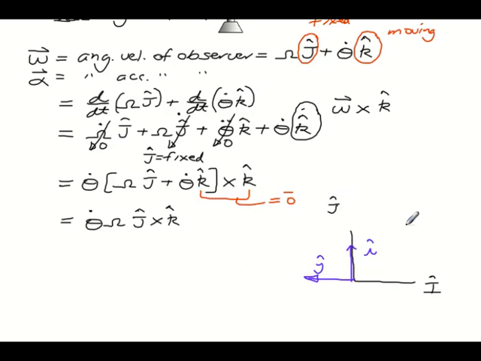So for this instant, and only this instant, big J is aligned with small i. So this gives us theta dot omega, J, which we said was the same thing as small i, crossed with k. I cross K is going to be minus j. So this is a minus theta dot omega small j.